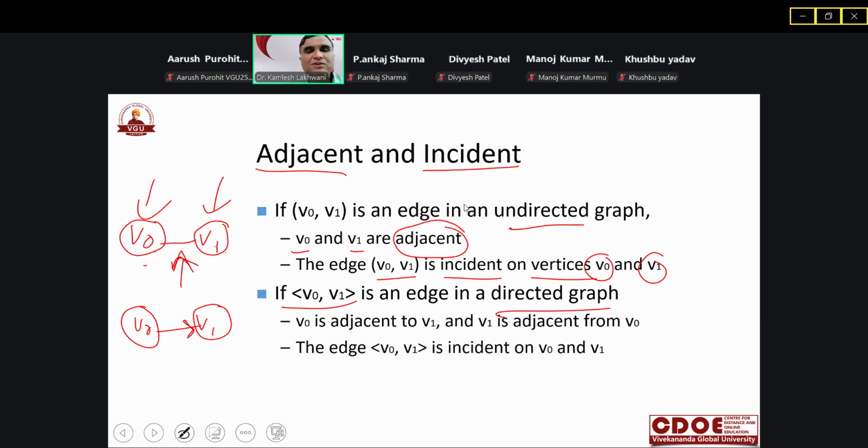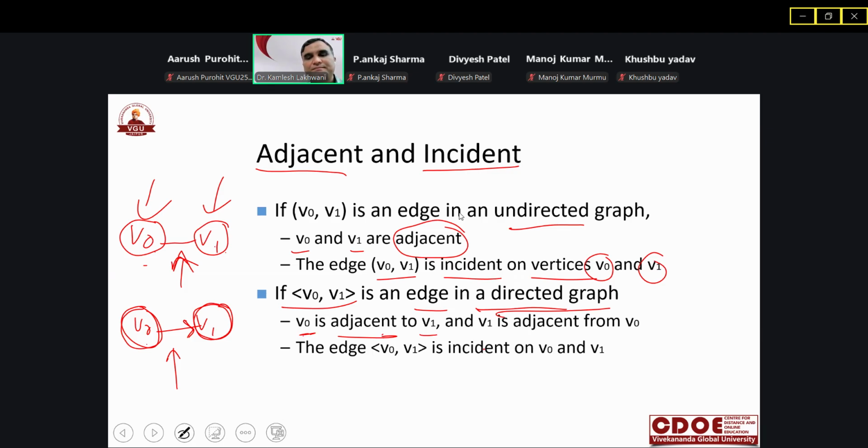So this is an edge in a directed graph. So V0 is adjacent to V1. This is called adjacent node.